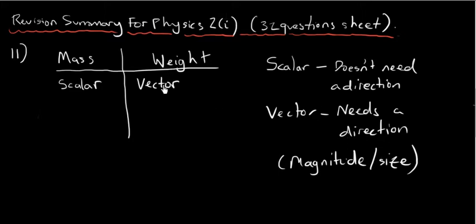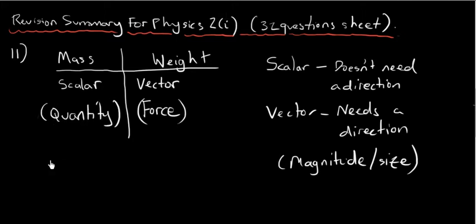So weight being a force, it's a vector, it's got a direction, so it's a force, and mass is just a quantity. Okay, and what's the meaning of each one?